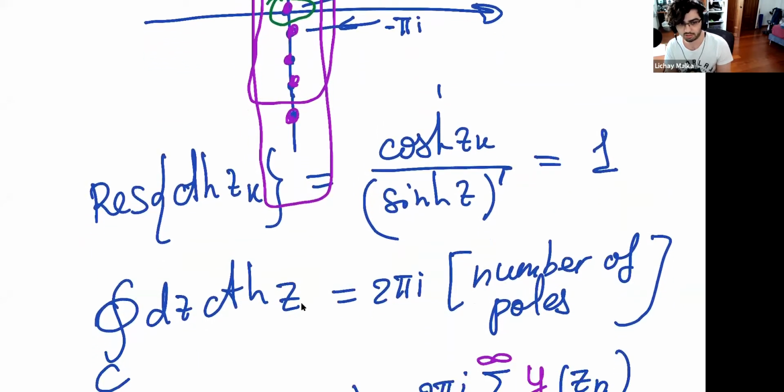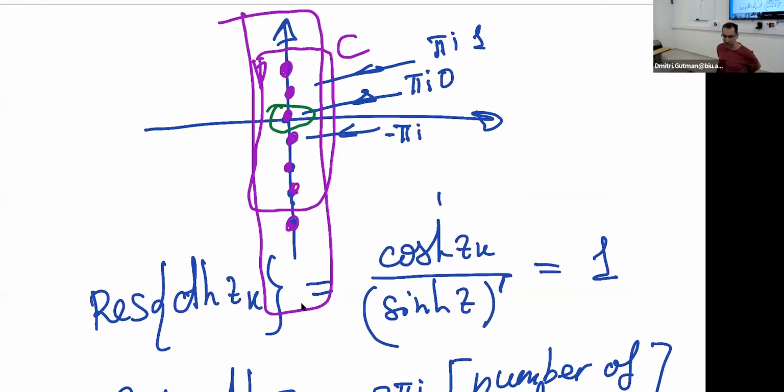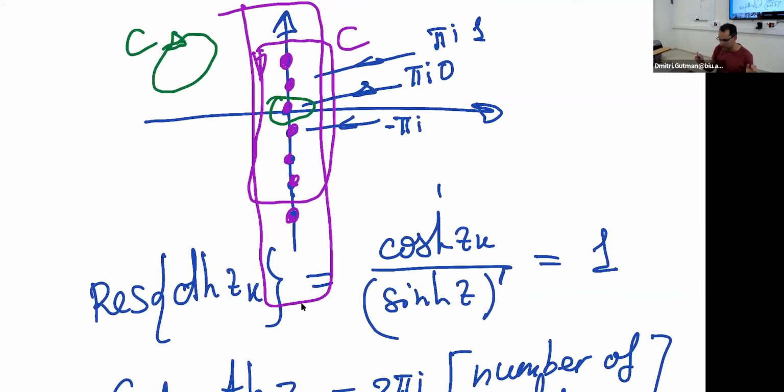But it also should not contain any points of singularity of the function y. So if you've chosen a contour C that goes like this, and there are no points of singularity of the function y in this contour as well, then this integral will be 0, of course.